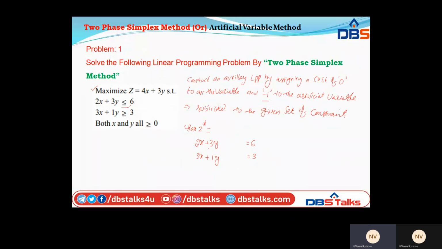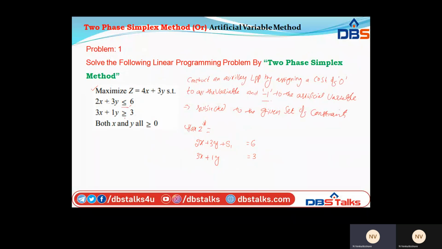So for less than, what are the things we need to substitute? For less than, only slack variables will be added. This we already framed in the simplex method also. So we are adding only a slack variable. That means the left hand side is less than the right hand side, so we need to equate it by adding some slack variable.